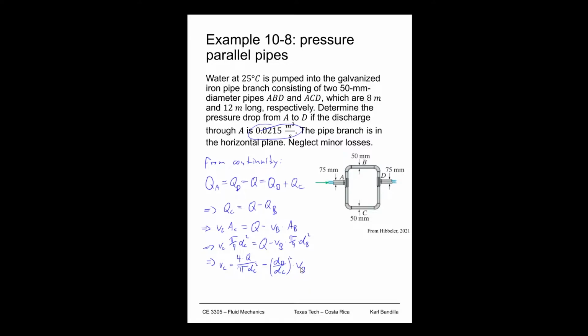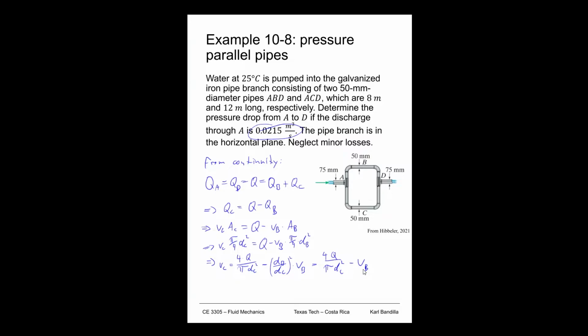All right, what else can we see? Well, we can notice that DB and DC are the same. So divide them by each other, we'll get 1. So that's just 1. I'll leave the subscript on the DC just to make sure we don't mix it up with DA or DD. So that would be 4Q over pi DC squared minus VB. All right, so now we have the relationship between the two velocities.